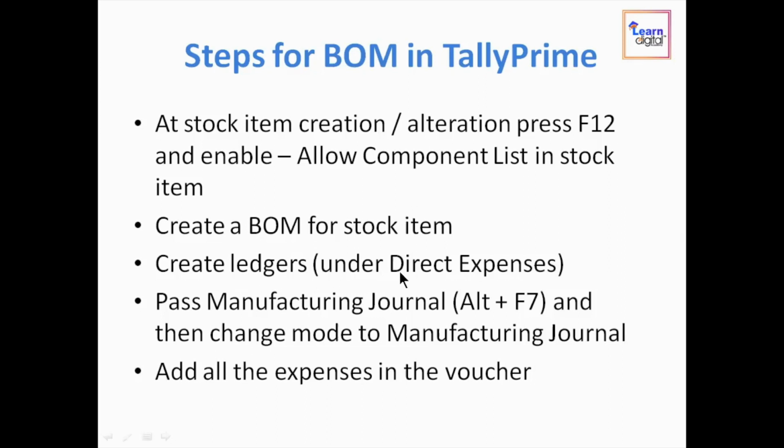So all those direct expenses need to be created, and then finally we pass the manufacturing entry where we list out the products required for producing finished goods, and here we enter the number of finished goods we produce, and for producing those products the expenses incurred need to be added. So these are the steps of BOM.